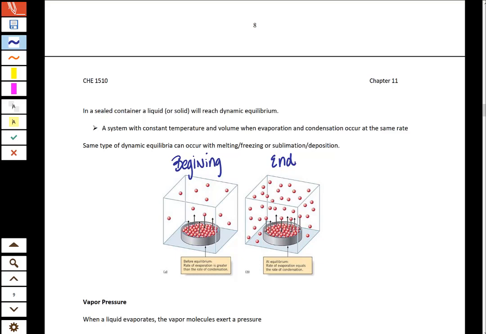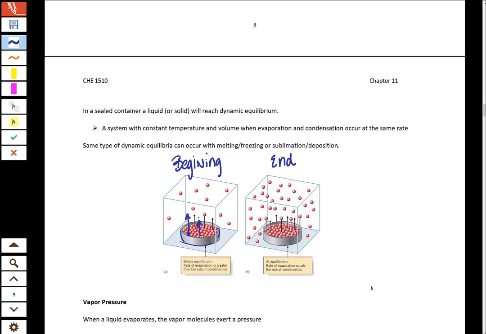So imagine you put this pie plate with water in it, and then you put a glass box around it. And imagine that glass box is a pretty secure one. It's not letting out any gas. So what you're seeing here is that the molecules of the liquid are coming out and they're evaporating and turning into a gas.